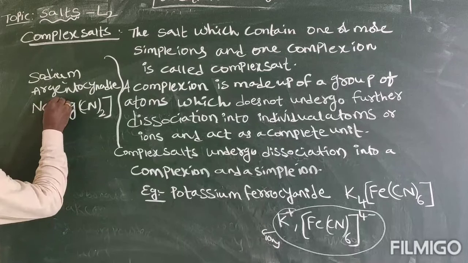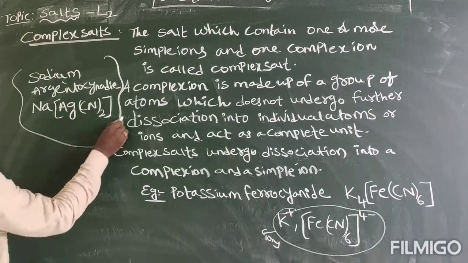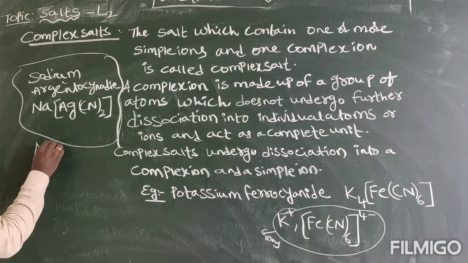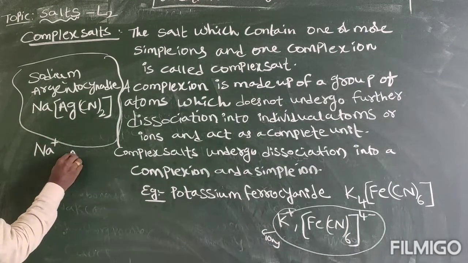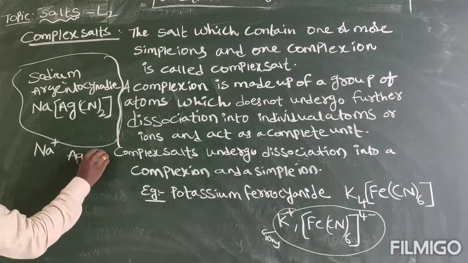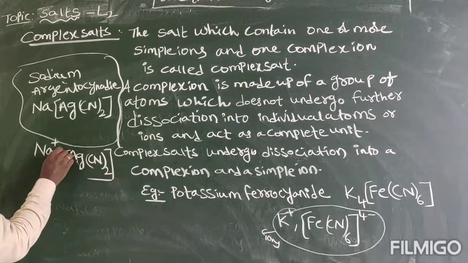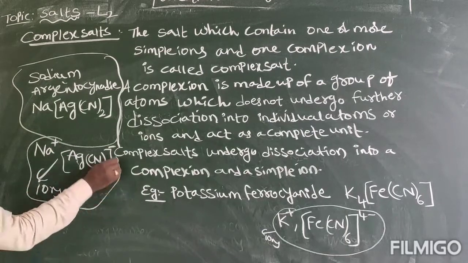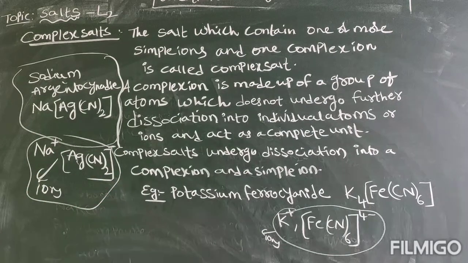So this is another example of a complex salt. In this we have Na+ and [Ag(CN)2]-. These are the ions.